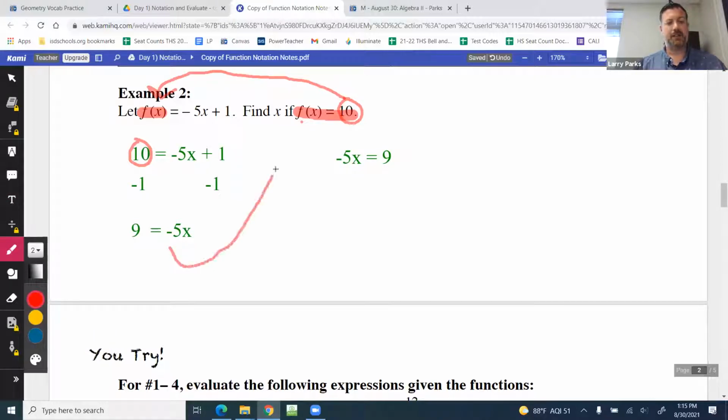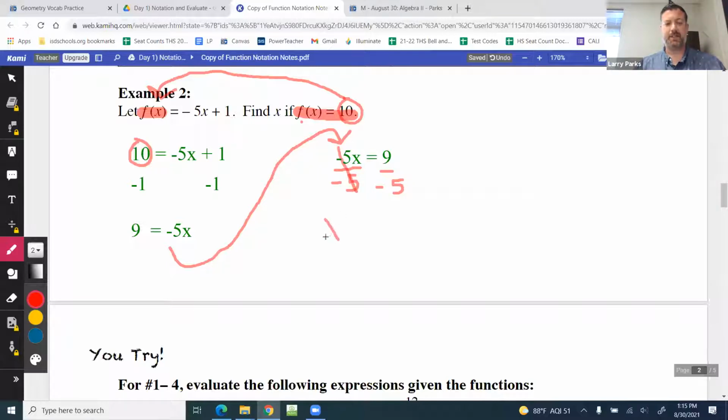All I did was take this and write it over here. And then how do you solve this? You divide both sides by negative 5. Those cancel.